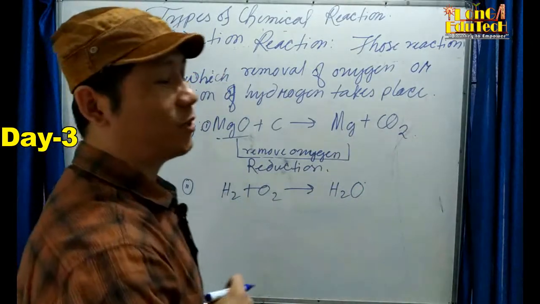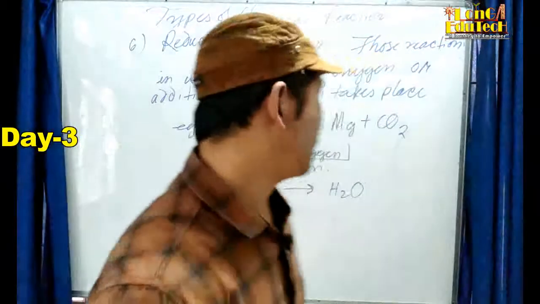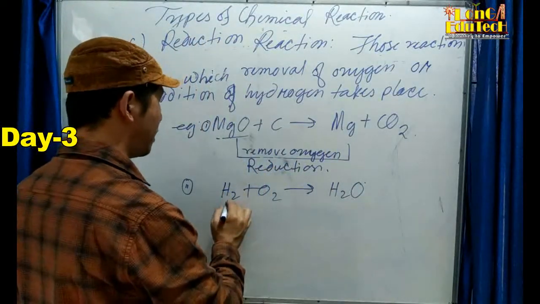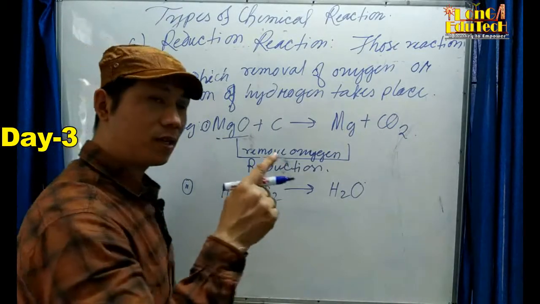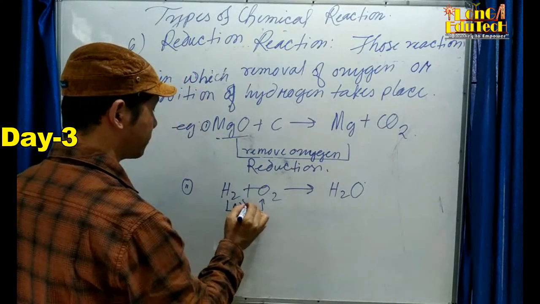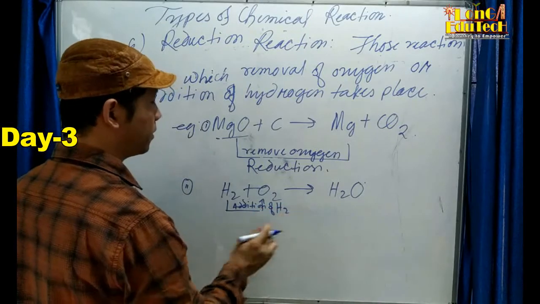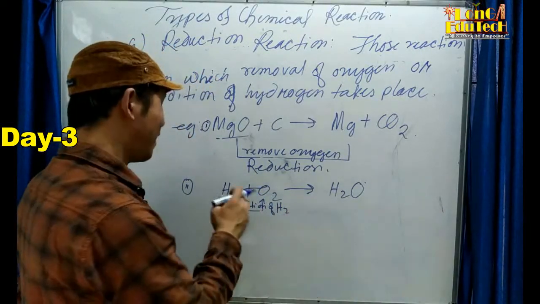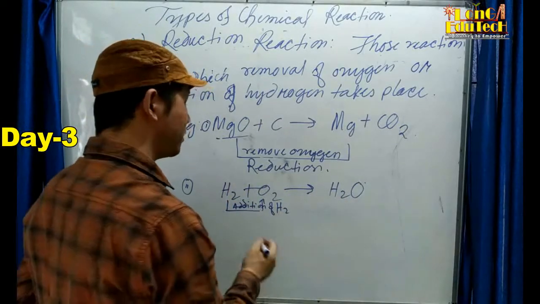Actually this reaction is both oxidation and reduction. But you can see that it is the addition of hydrogen. Just according to the type you want to give, you have to explain. Hydrogen is added to the oxygen to form H2O. So that's why it is reduction.